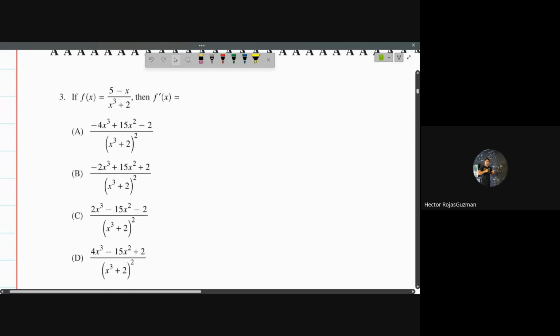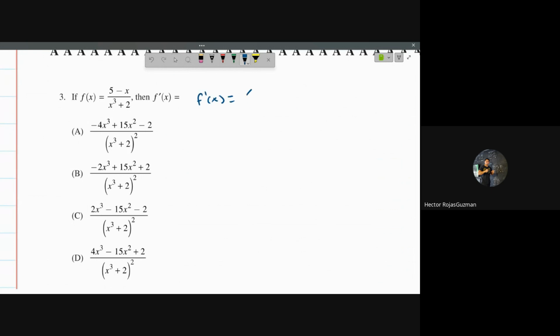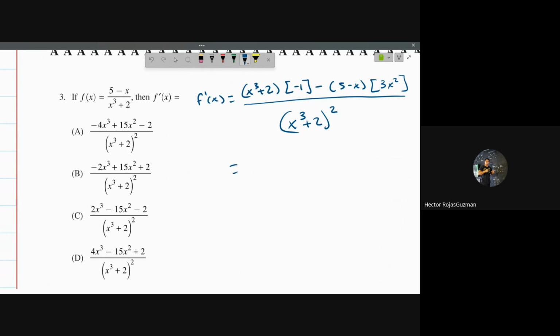Take the derivative using the quotient rule. So it's the bottom times the derivative of the top minus the top times the derivative of the bottom, all over the bottom squared. From here, do your best to simplify the polynomial.